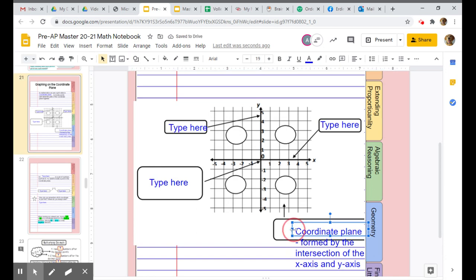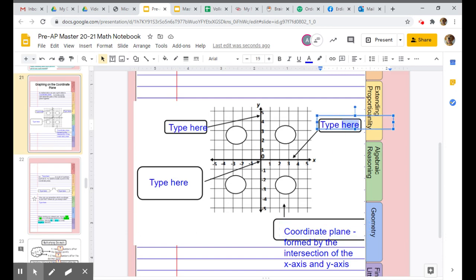Okay, so now you may be wondering, what is the x-axis? What is the y-axis? So this line going horizontally across our page here, that is what we call the x-axis.